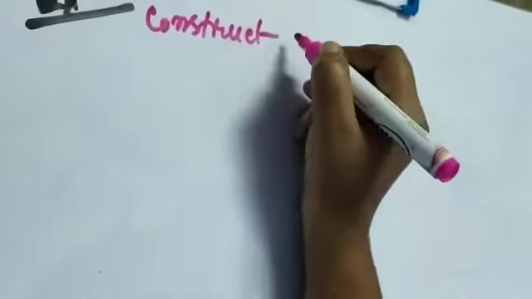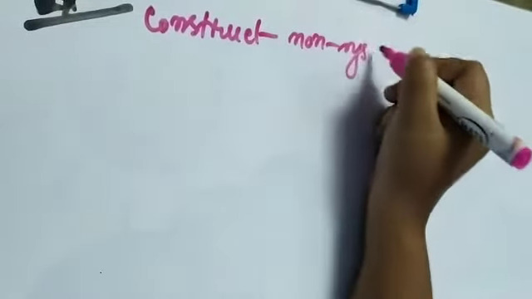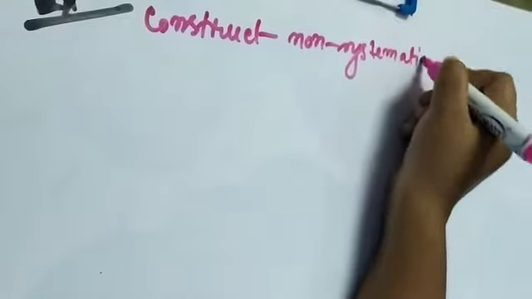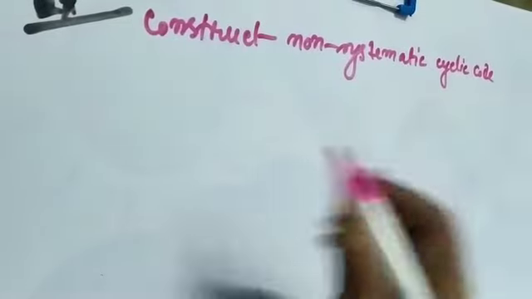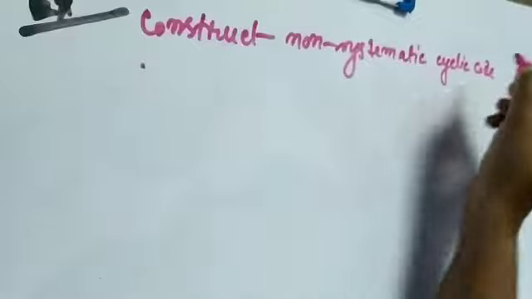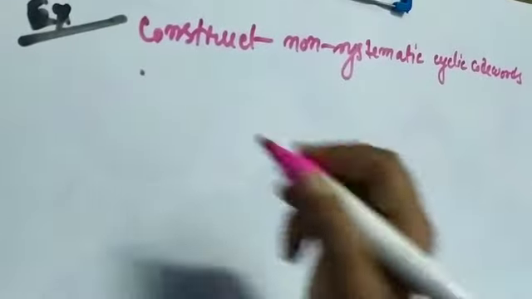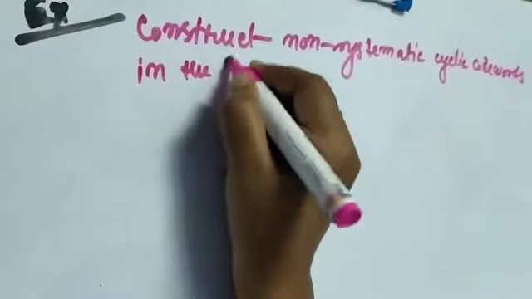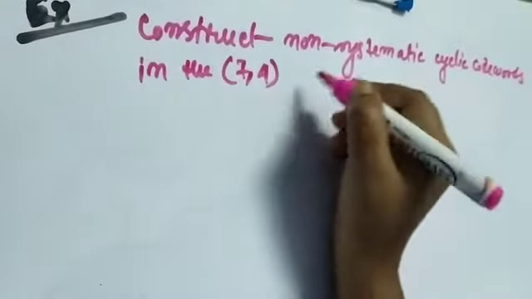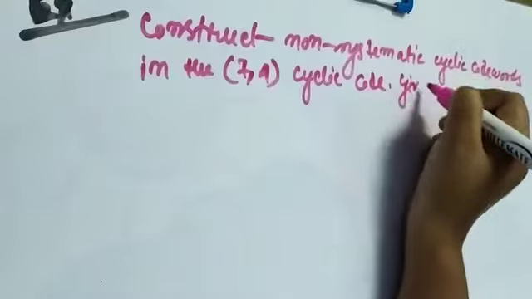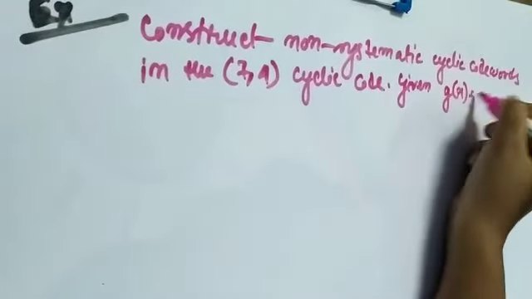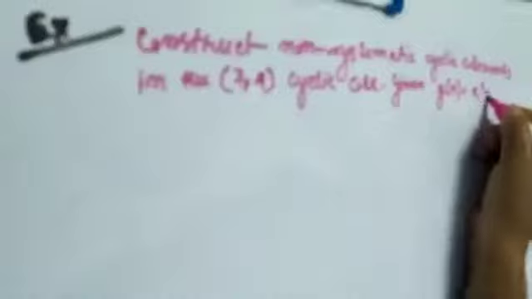Your task is to construct non-systematic cyclic code words in the 7/4 cyclic code given the generator polynomial, which is denoted by g(x) as x cube plus x plus 1.